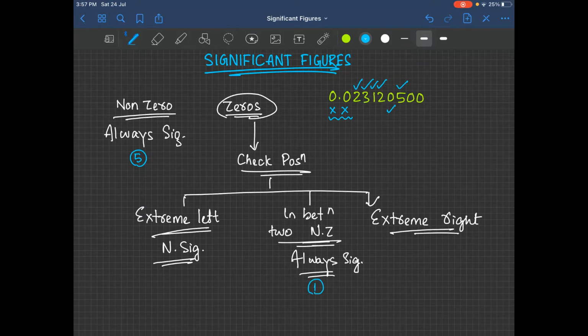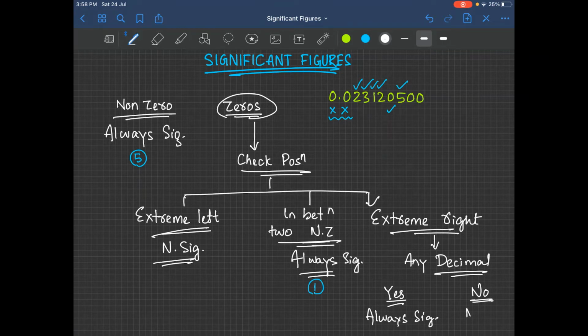Now let's check the extreme right. If we have zeros at the extreme right, we need to check whether there is a decimal point anywhere in the number. If there is a decimal point anywhere in the number, then the zeros are always significant. But if there is no decimal point anywhere, then they are never significant. This is the rule. Here we have 2 zeros at the extreme right.